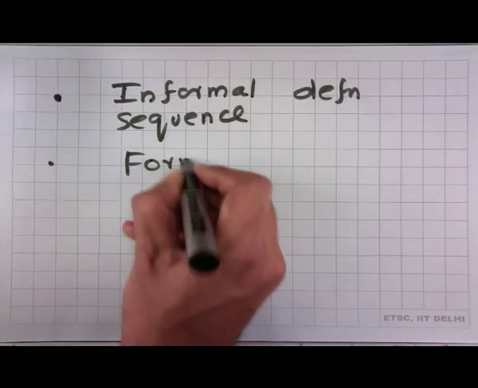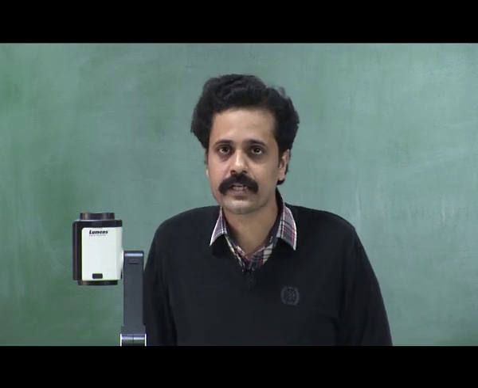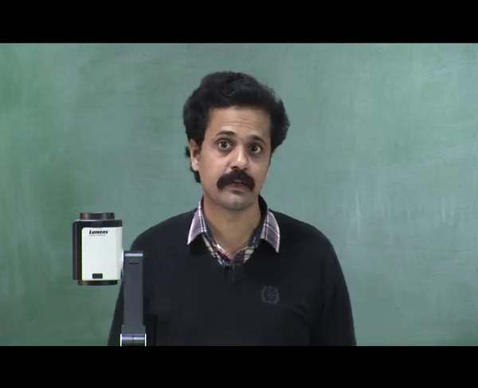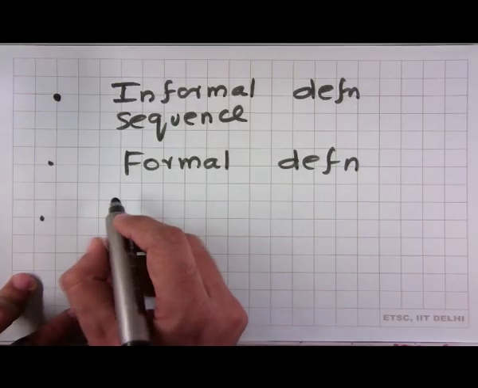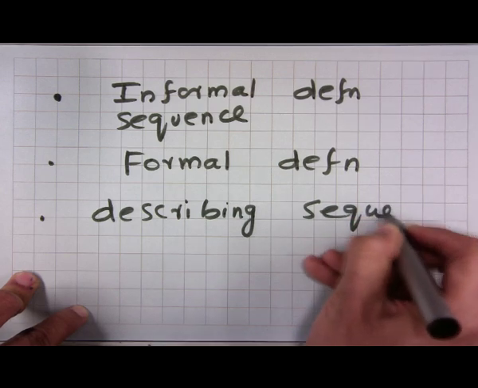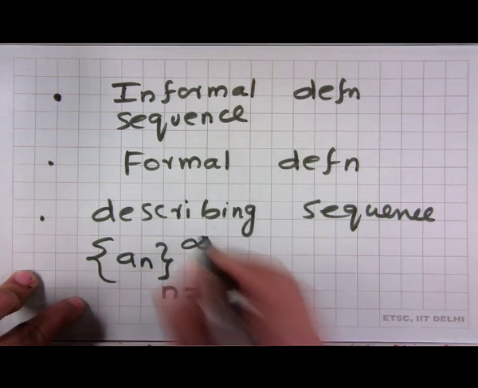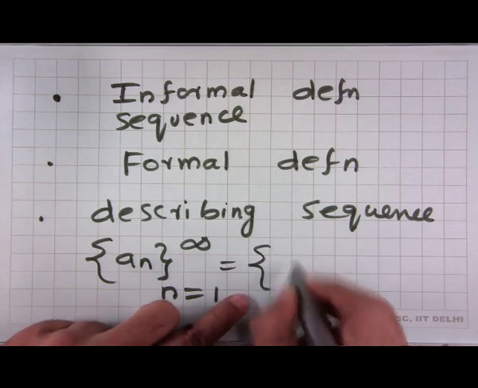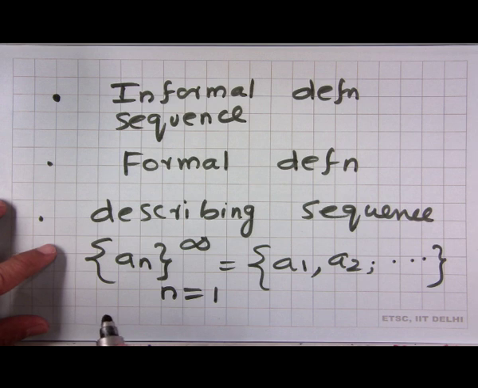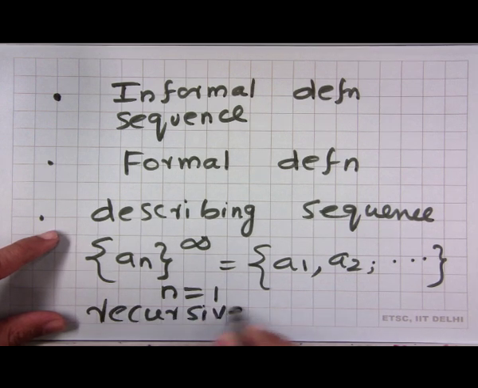The formal definition: a sequence is a function from the set of natural numbers to R or a subset of natural numbers to R. Various ways of describing a sequence: one is using the notation a_n, n equal to 1 to infinity, and listing it as a_1, a_2 etc., or writing a_n in terms of n using a rule, or with the help of a recursive definition.